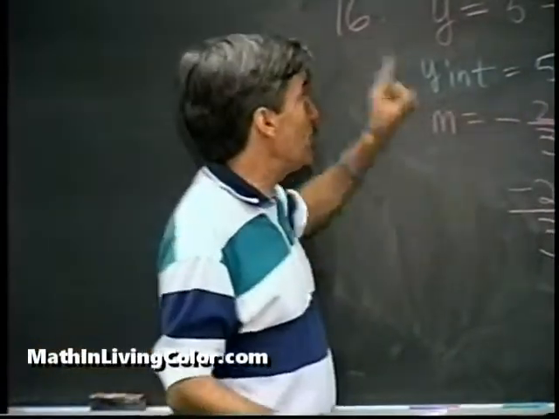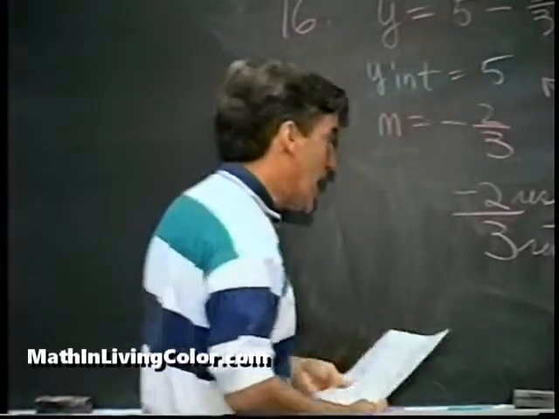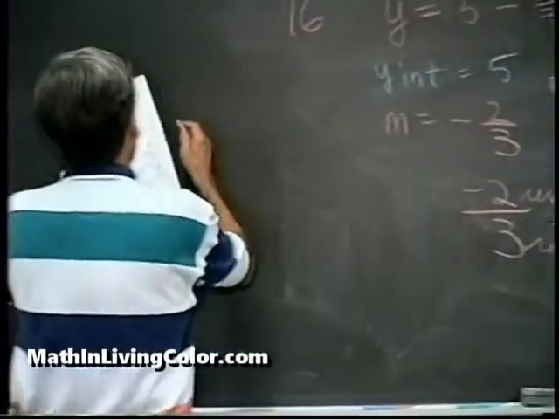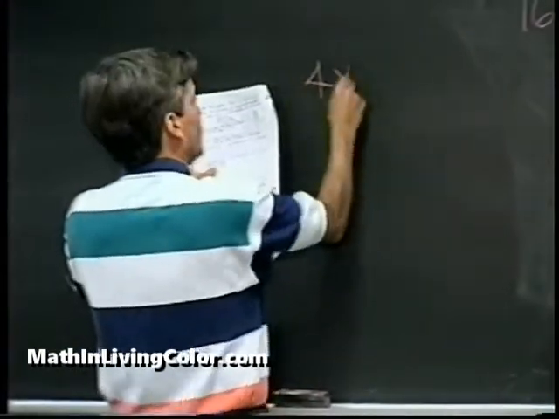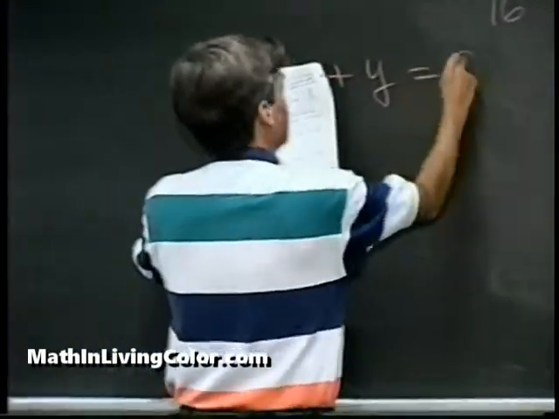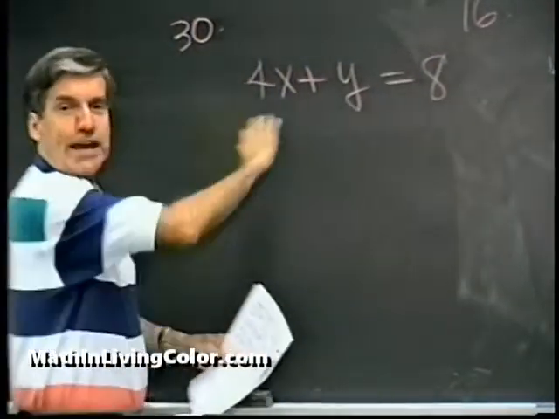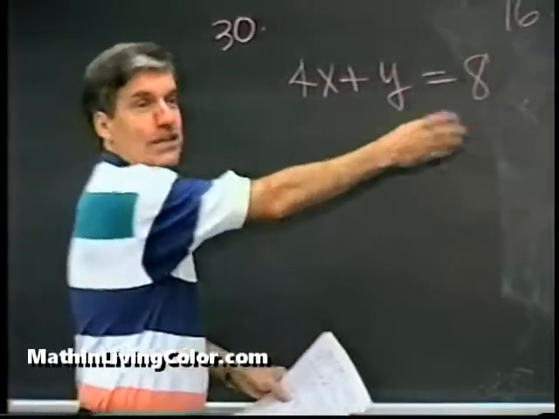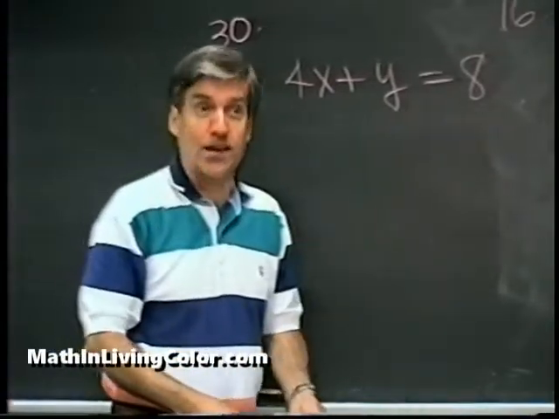And this must be in the form of y equals. If the equation is not in the form y equals, like what if the problem is 4x plus y equals 8 as it is in number 30, then you can't tell what the slope is by looking at this. We'll have to do something else to it. That's in part 2 of this video. Hang on. All right?